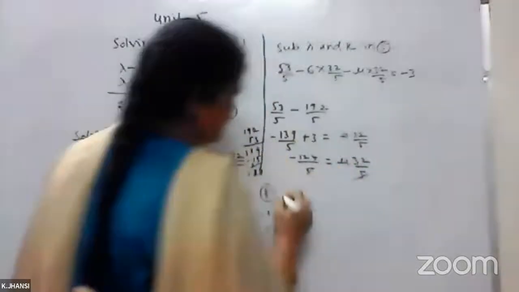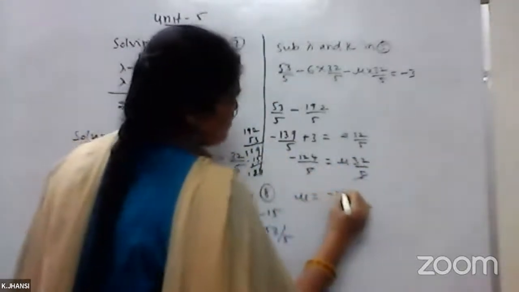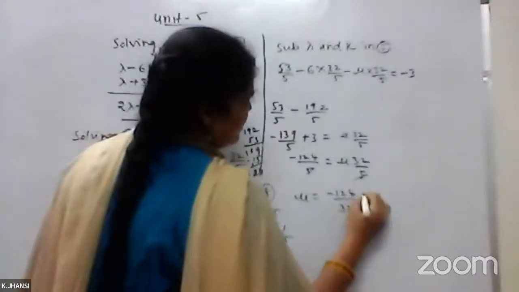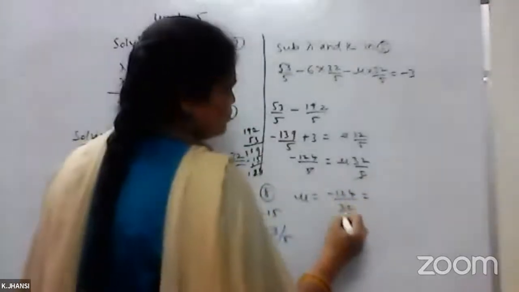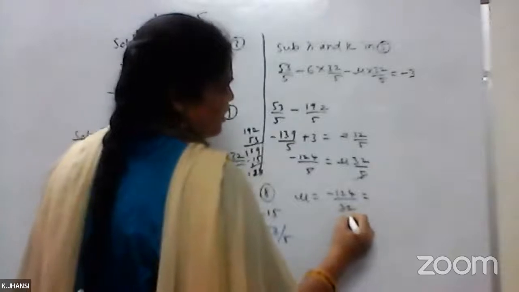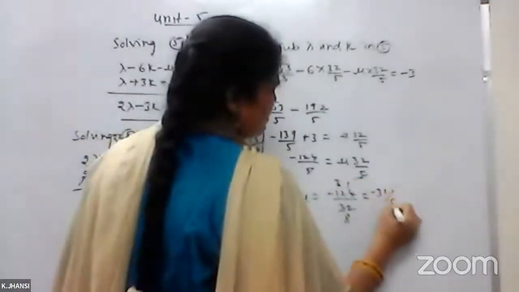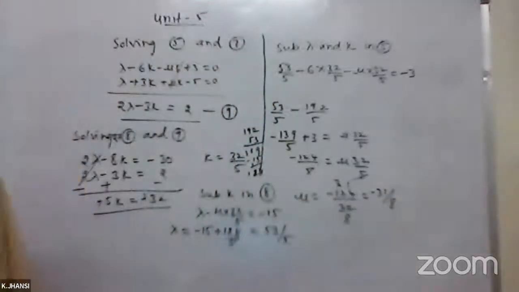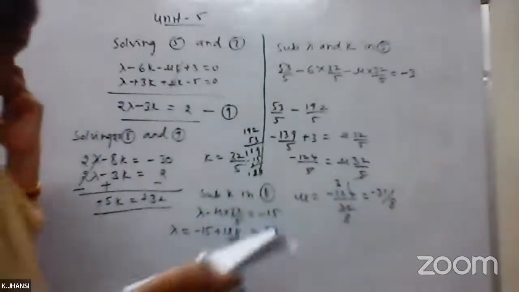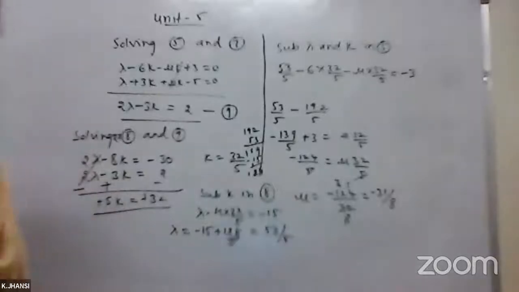By 5, 5 will get cancelled. Mu equals to minus 124 by 32. It is equals to 2. 4 8s are 32, 4 3s are 12, 4 1s are 1. So minus 131 by 8. So your mu value is minus 31 by 8.